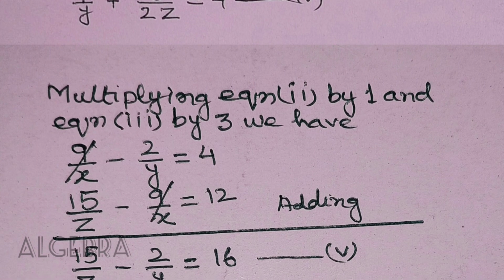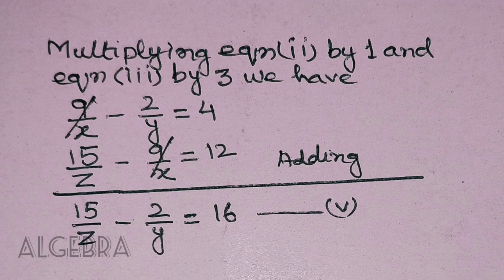Multiplying equation 2 by 1 and equation 3 by 3, we have 9/x - 2/y = 4, 15/z - 9/x = 12.